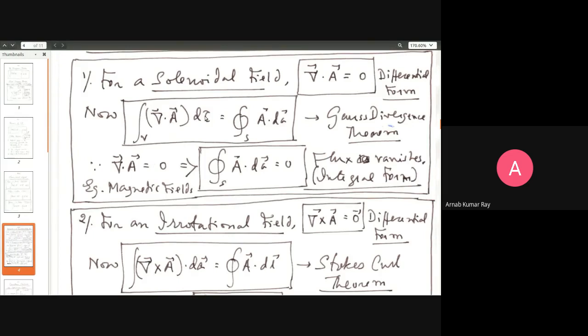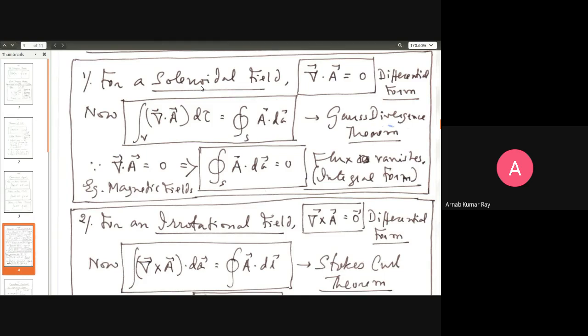Divergence is 0, nothing else to integrate, all gone. So on the right-hand side, you will have A dot dA, and that will be equal to 0. But what is A dot dA? A dot dA is the flux of the vector A through the closed bounding surface. So the closed surface flux vanishes.